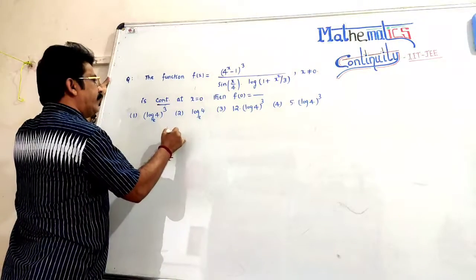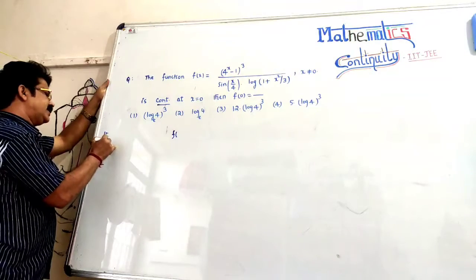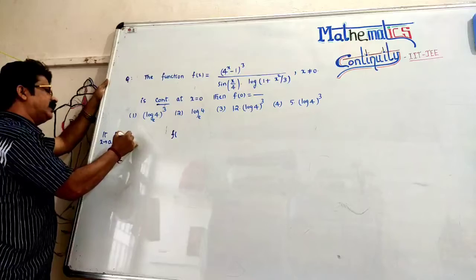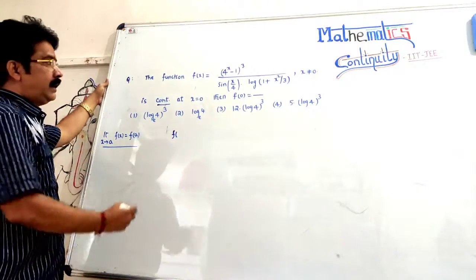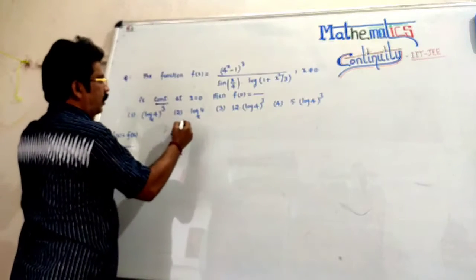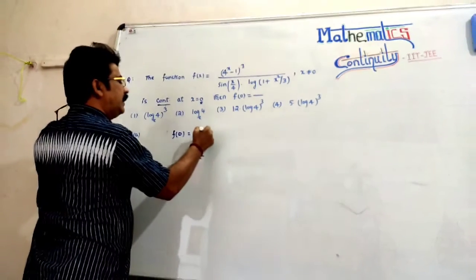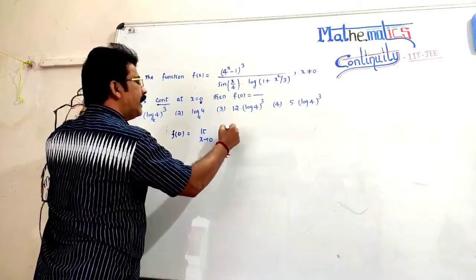Therefore, f of 0 means actually limit x tends to a, f of x that is equal to f of a. This is the definition of a continuous function. So therefore, here a equal to 0. So f of 0 is equal to limit x tends to 0 f of x.